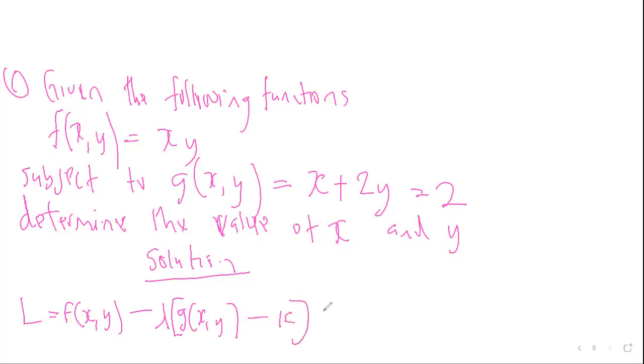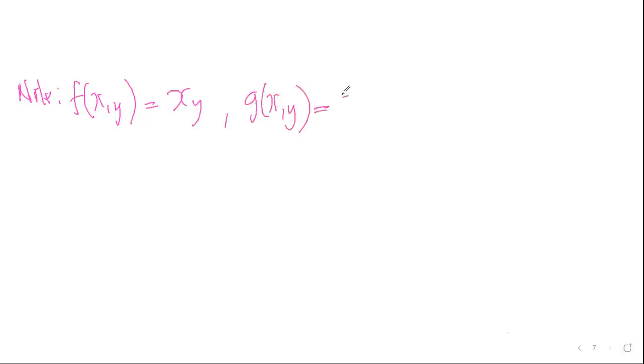So this is our composite function. Going to the next slide, we have to note that our f(x, y), the objective function, as given in the equation is xy, and our g(x, y), as given in the equation, is x plus 2y, which is equal to 2.